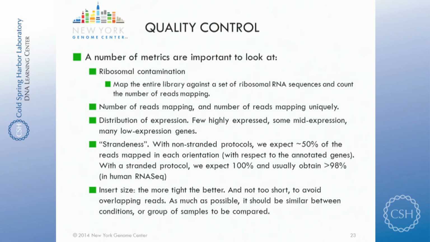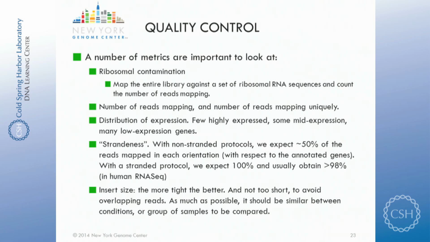Those protocols are quite robust. If you have much less than that, that's something to be worried about. It can be the annotation, so that measure depends on the annotation, but it can also be a problem in your library preparation. And for a non-stranded protocol, of course, you expect 50%. You expect reads in both orientations.